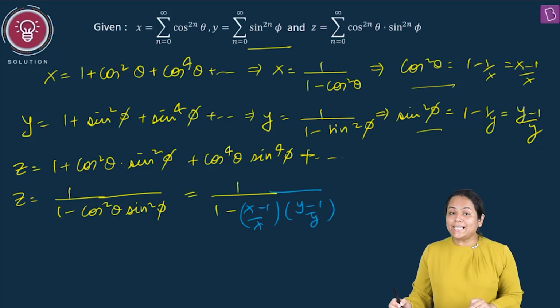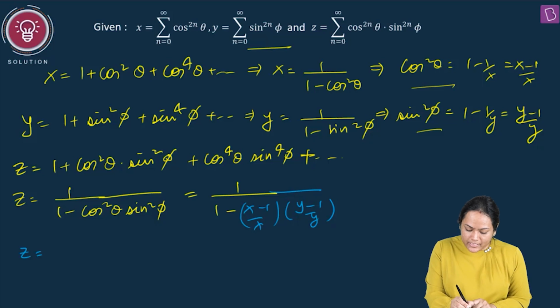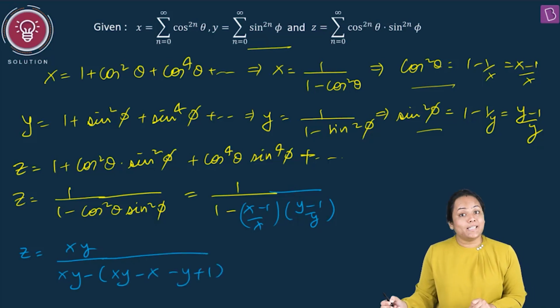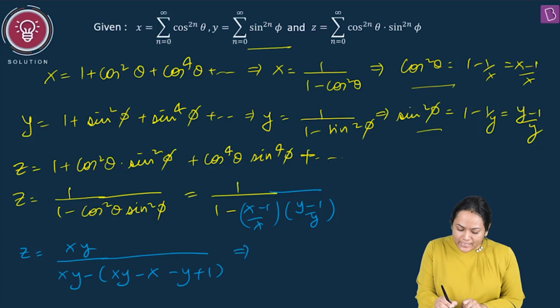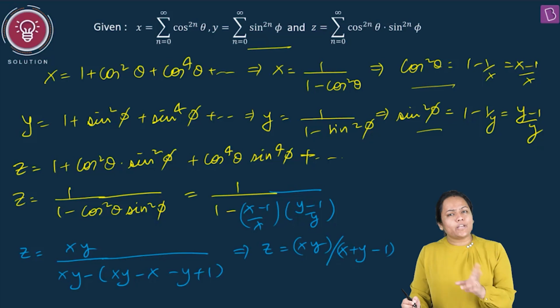So when I take the LCM over here, I'll get z is equal to xy divided by xy minus x minus y plus 1. Is it clear? So from here I can say that my z is equal to xy overall divided by x plus y minus 1. And when I cross multiply, I'm actually going to get the answer.